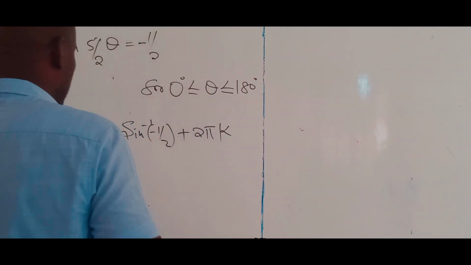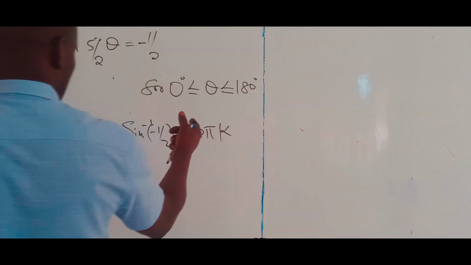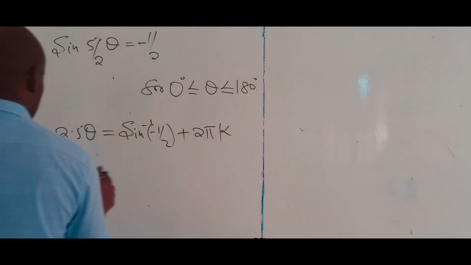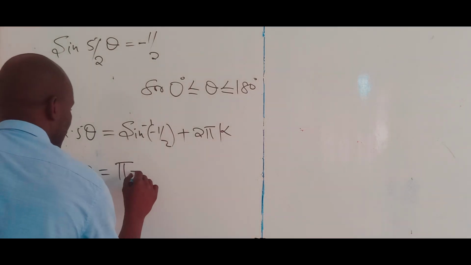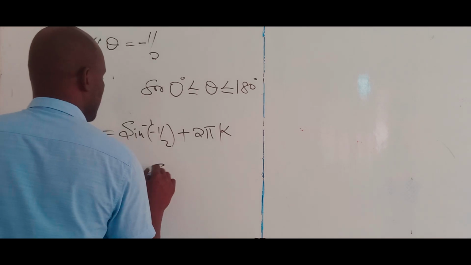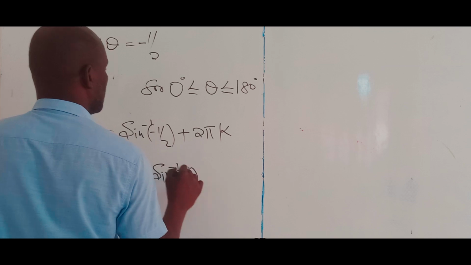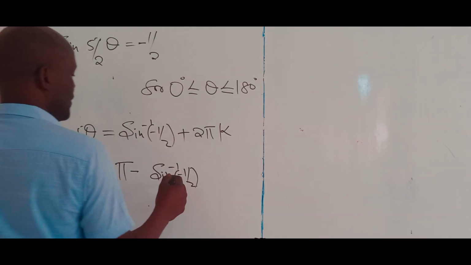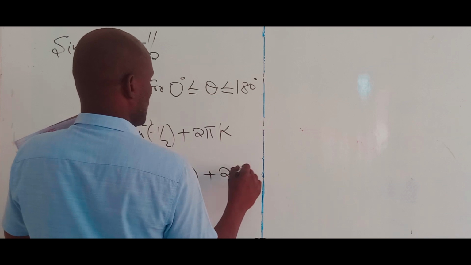So that's one case we can have. The other case we can have, because we are dealing with quadrants here, and the limits are 0 degrees and 180 degrees, is that 2.5 theta can also be pi minus sine inverse of this, because that's when it begins, plus 2 pi k.